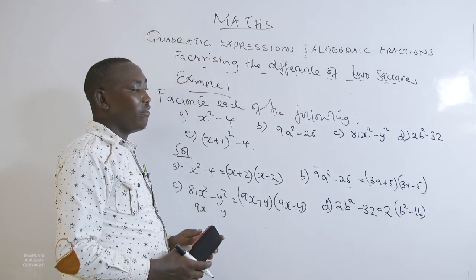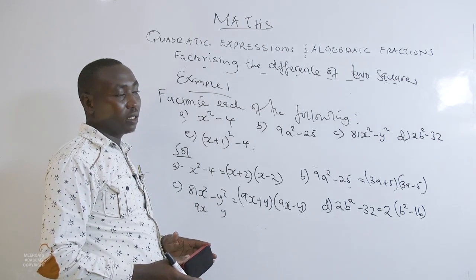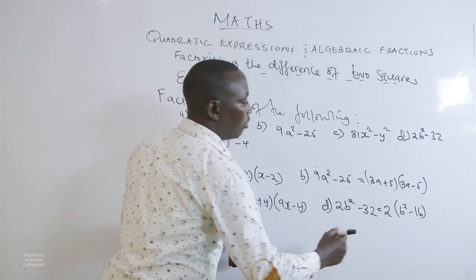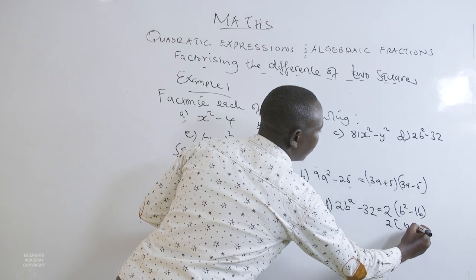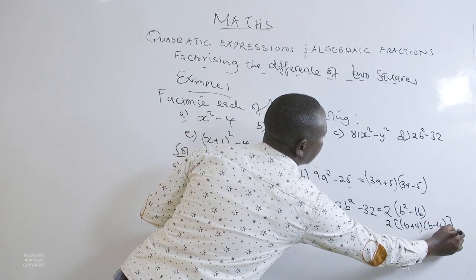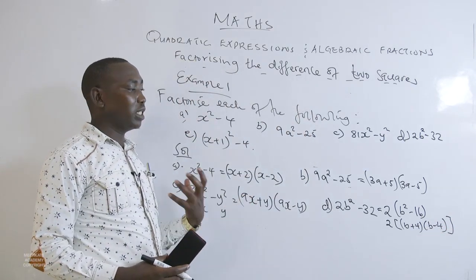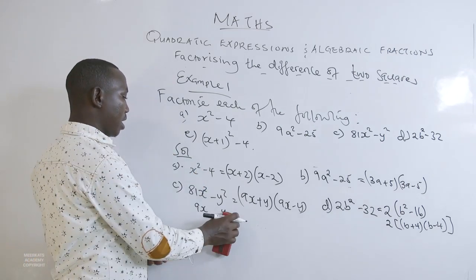And whatever we now have inside the bracket is a difference of 2 squares, which has the factors b and 4. So this will be 2 into b plus 4, b subtract 4. So you first take out the highest common factor.